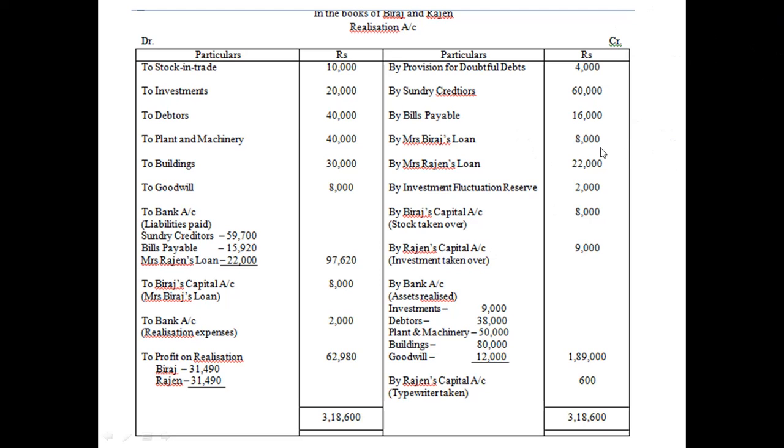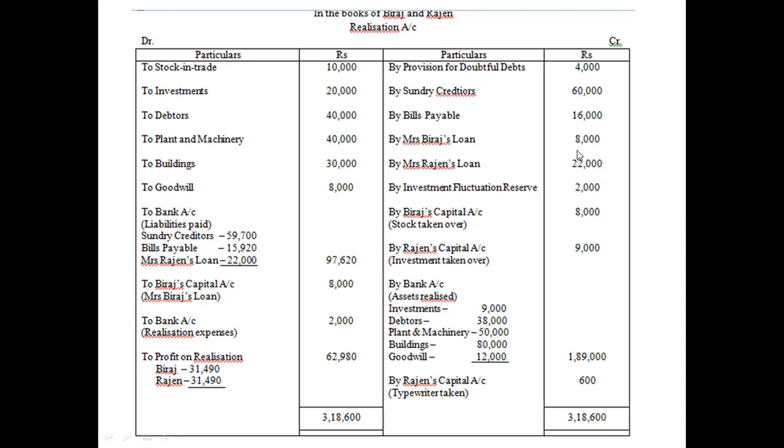Again, the same will be coming here, as to Biraj's capital account. In brackets you can write by Mrs. Biraj's loan. He has promised to pay off this particular liability because this is an external liability, and we are making the payment to that particular person, Mrs. Biraj, by one of our partners.